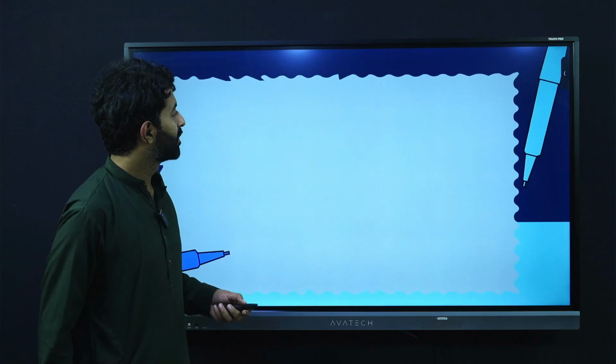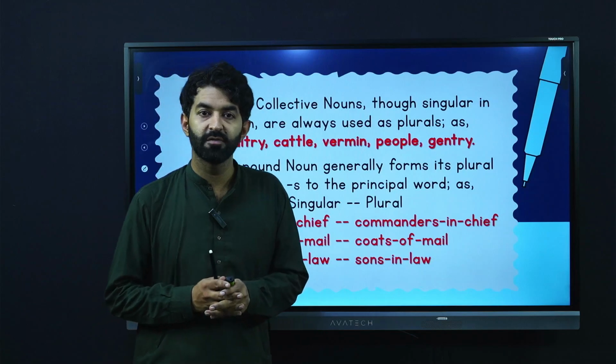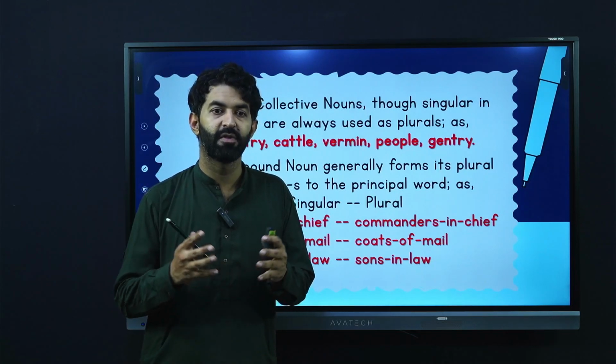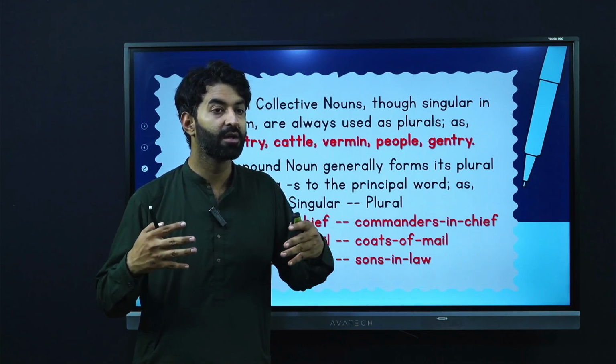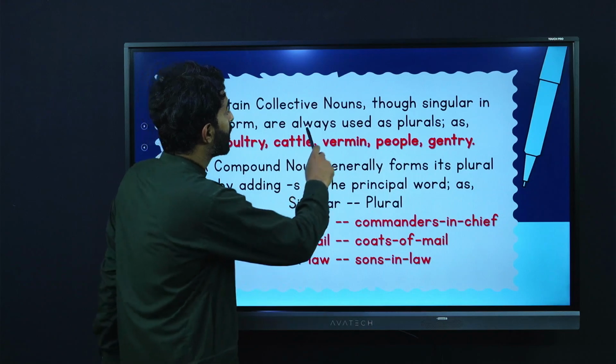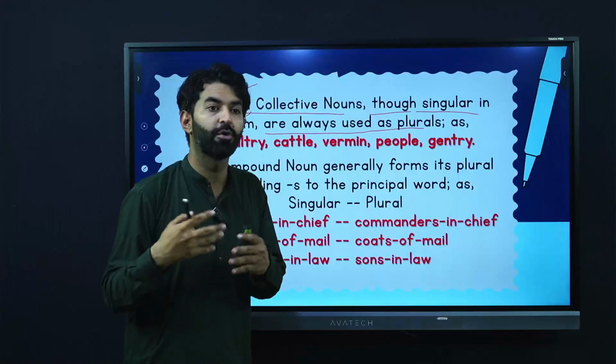Okay. Now, you know about collective nouns like family, army, or your class. They are your collective nouns. There are some collective nouns, though singular in form, that are always used as plurals. They are singular, but they will be used as plurals.